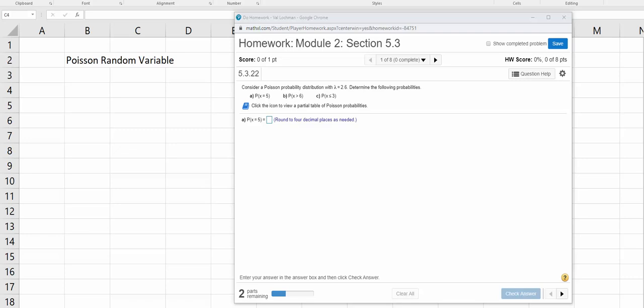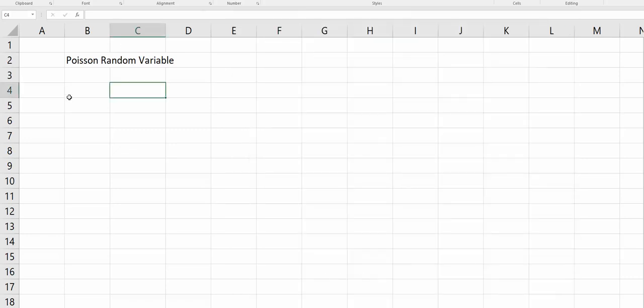The first problem is from section 5.3, and you will have something similar on your homework, maybe with different values. We have a Poisson probability distribution with lambda equal to 2.6, and we're asked to compute three probabilities. The first one is that x is equal to 5.